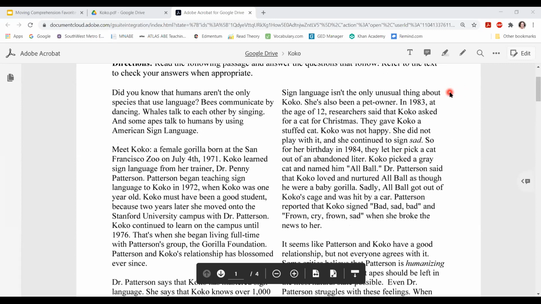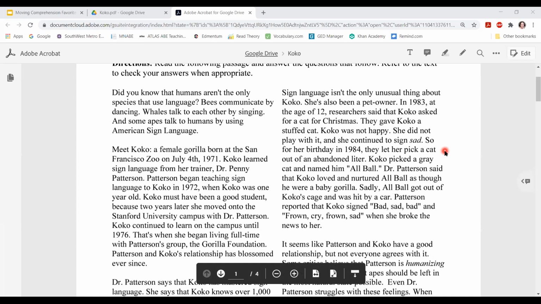You're welcome. Sign language isn't the only unusual thing about Coco. She's also been a pet owner. In 1983, at the age of 12, researchers said that Coco asked for a cat for Christmas. They gave Coco a stuffed cat. Coco was not happy. She did not play with it, and she continued to sign sad. So for her birthday in 1984, they let her pick a cat out of an abandoned litter.